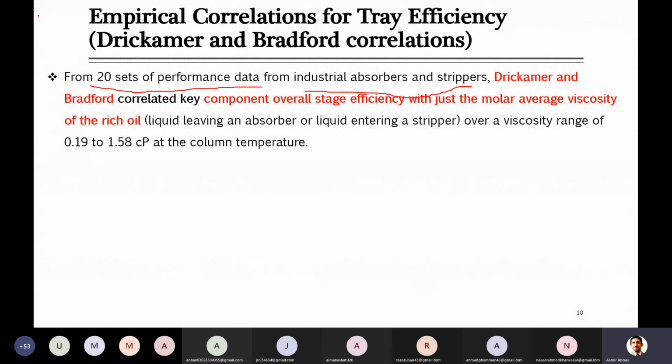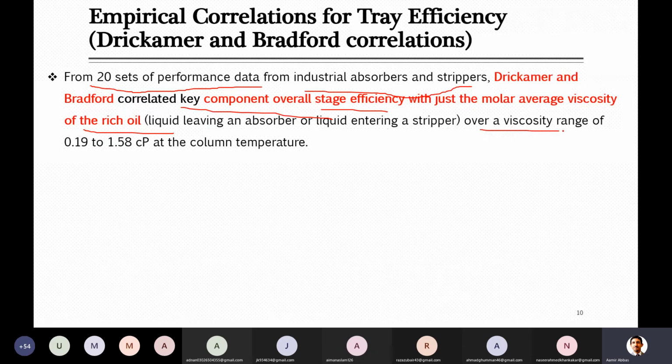So what they did, they just selected, for example, some key component and linked the overall stage efficiency with the molar average viscosity of the rich oil. And the collected data was again majorly for hydrocarbons. They did it for hydrocarbons, when you are using some rich oil, a liquid hydrocarbon, heavier oil, for the removal of some components.